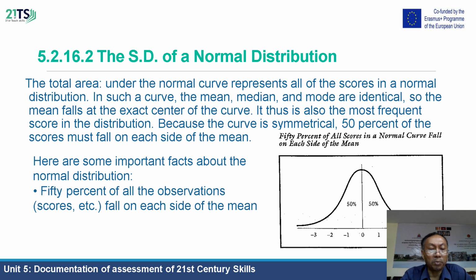Here are some important facts about normal distributions. 50% of all the observations, scores, etc. fall on each side of the mean. Look at the graph or picture here to find the interpretation of the normal distribution.